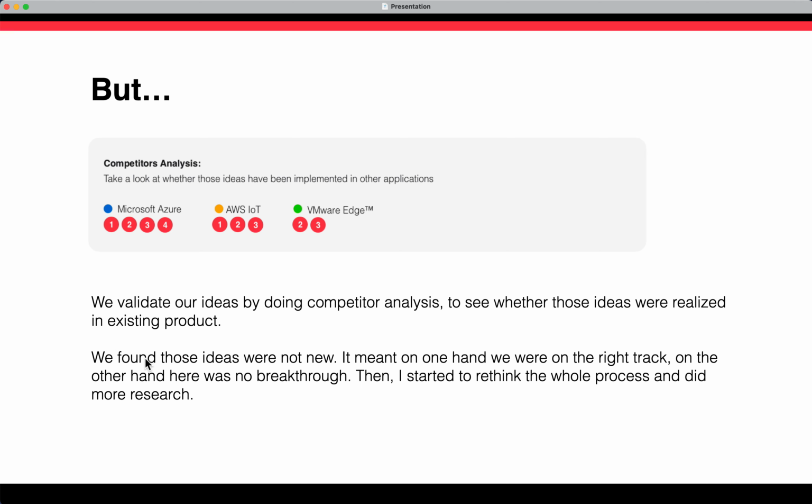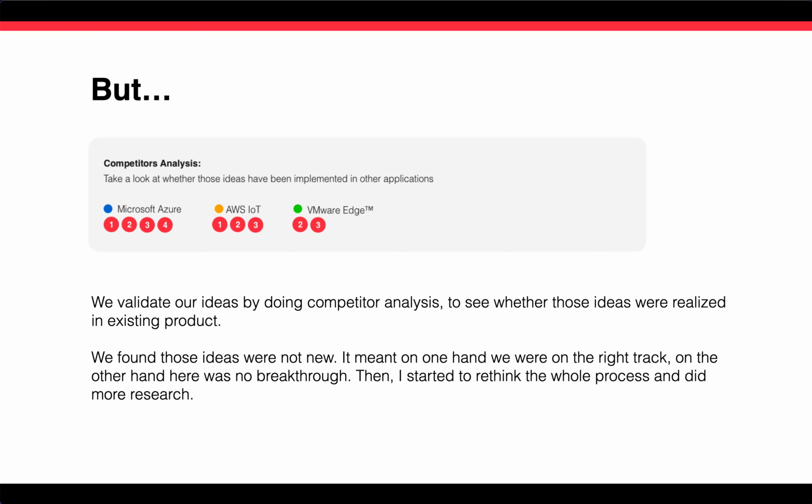After we have done the analysis, I found that those ideas are not new, right? Somehow it means we are on the right track. But on the other hand, it means there's no breakthrough, and we don't have a strength in the market. We didn't really beat our competitors by introducing some features.